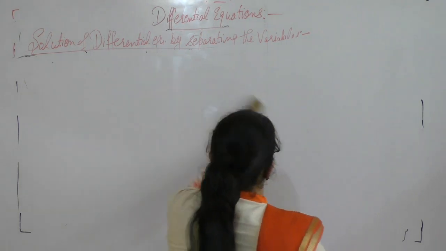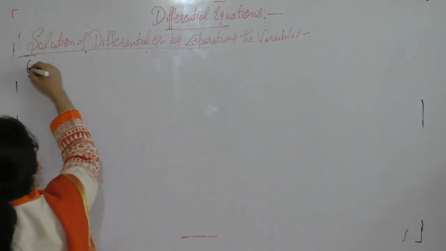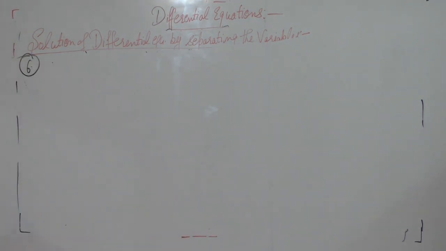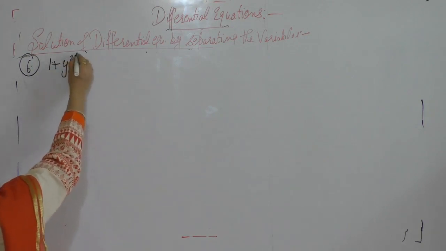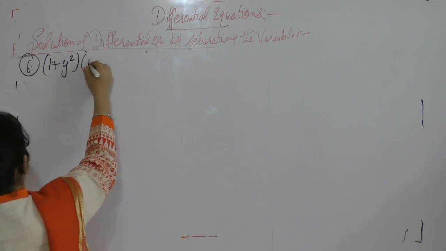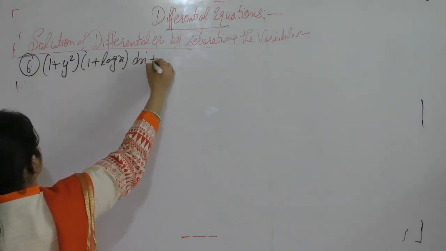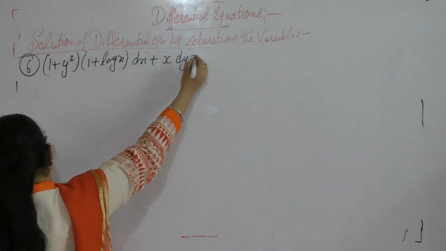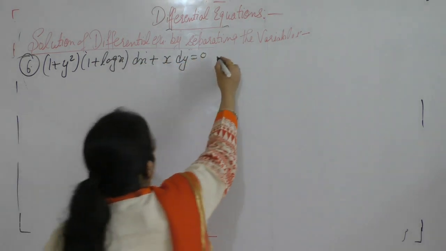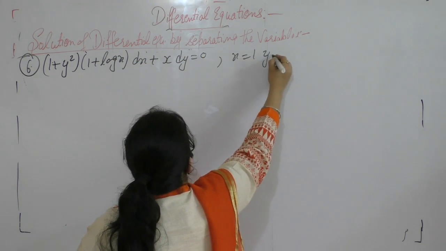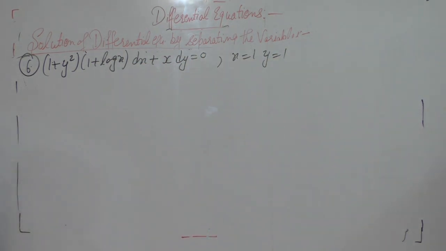Next question is question number 6. Solve the differential equation (1 + y^2)(1 + log x) dx + x dy = 0, given that when x is 1 then y is also 1.